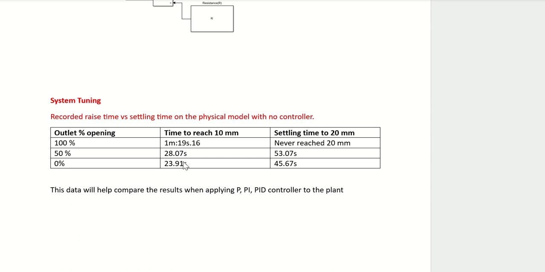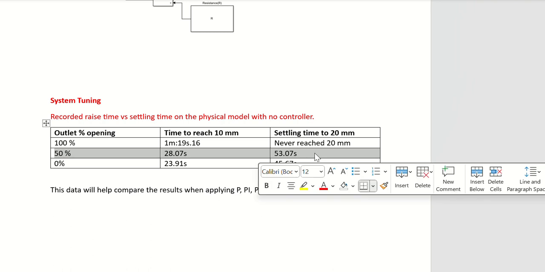Obviously, since there is no outlet, the time to reach 10 mm is way lower than at 50%, and the time to reach 20 mm is about 45 seconds. From now on, we're going to take these results as our standard to compare our PID controller tuning against.